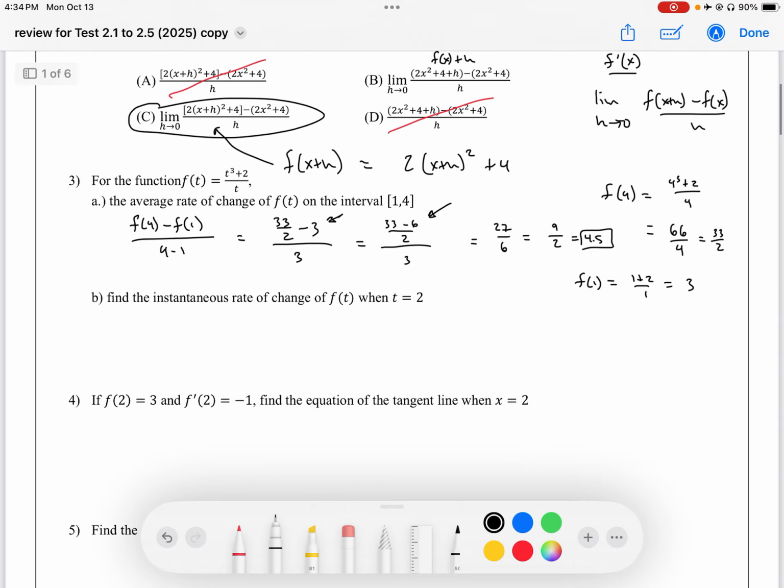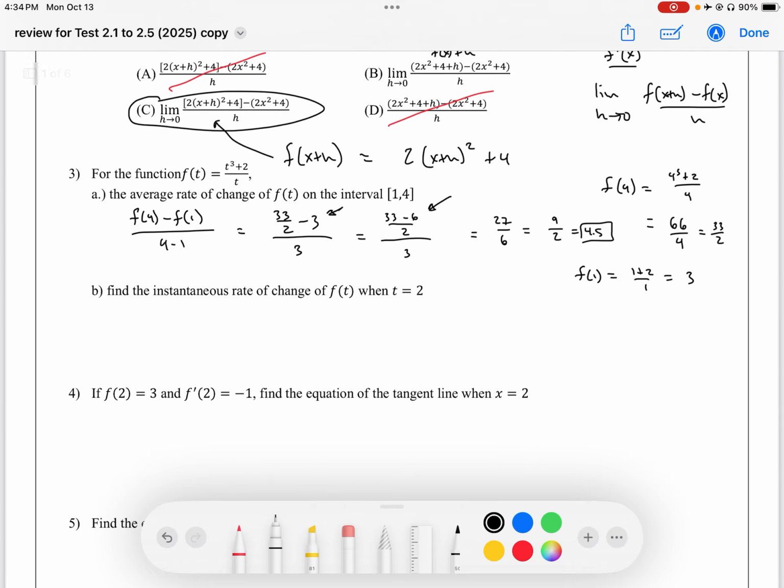That'll be 4.5. Instantaneous rate of change of f of t when t equals 2, that's just f prime of 2. So we need to find f prime of t first. Now, f of t is t cubed plus 2 divided by t. When you only have one thing in the denominator, I would recommend that you simplify this first and not use the quotient rule.